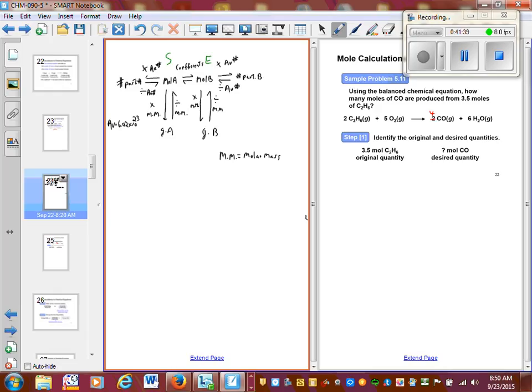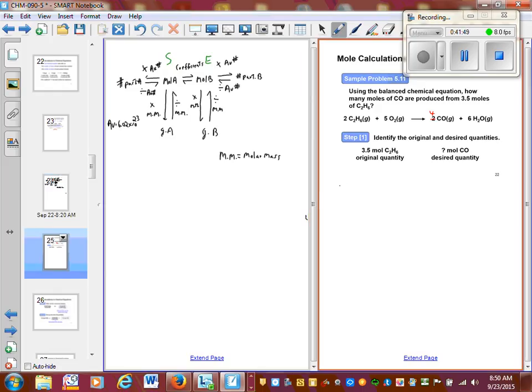So I have 3.5 moles of C2H6. Ultimately, I want to get to moles of CO. If I follow the street, I can go from moles of A to moles of B. It's just one arrow.